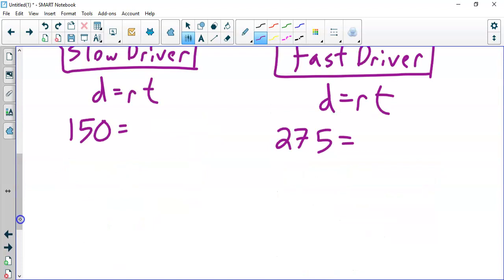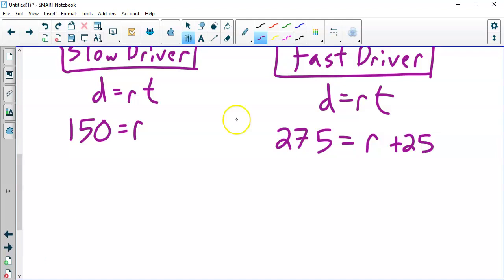So this driver over here has to have a plus 25, right? So what's going to be in front of that plus 25 then? R, or call it X. We just don't know what the rate is, right? And that R represents our slow driver's speed. Because when I add 25 onto that, that gives me the fast driver's speed.